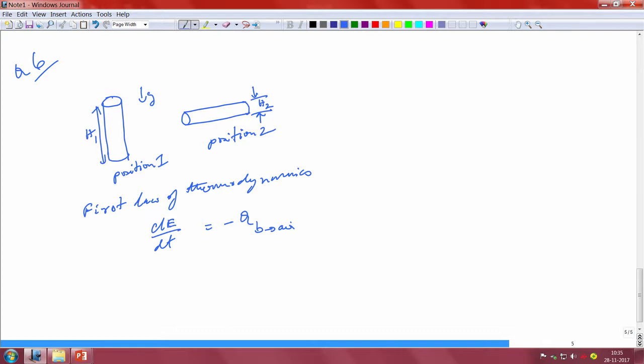Okay. So, the cool down time is essentially, so if you convert this equation now, m Cb, that is the mass and the specific heat, and this is dTb by dt is equal to minus hA (Tb minus T air). Okay, where basically A is basically the bottle area.